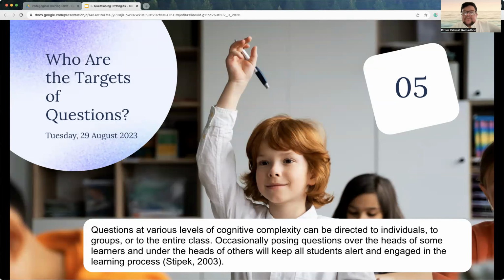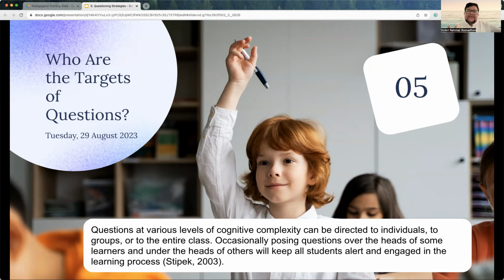If you ask questions to the entire class, please make sure that you give some time for the students to think, and then you can pick a random name so that all of the students can think about the answer and try to answer in their mind first.